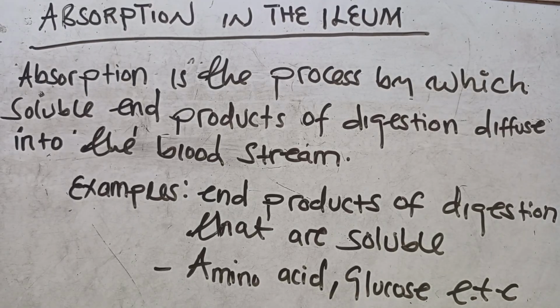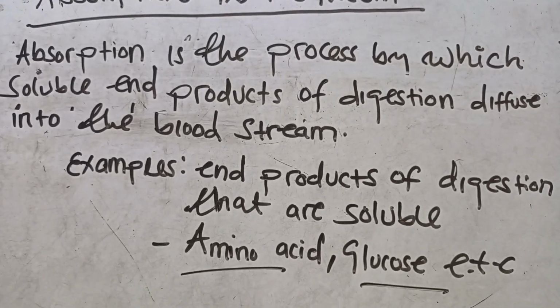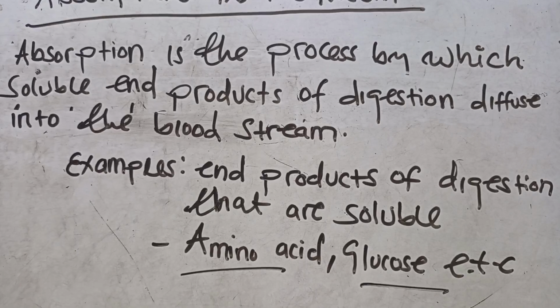For the ileum to execute its function of absorbing the end products of digestion, the amino acid and the glucose and so on, there are some things that make it so. So we are going to talk about the adaptations of the ileum, or some of the reasons why the ileum is said to be the site for absorption.